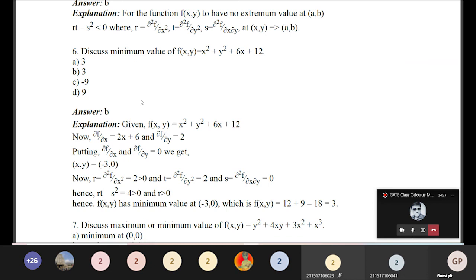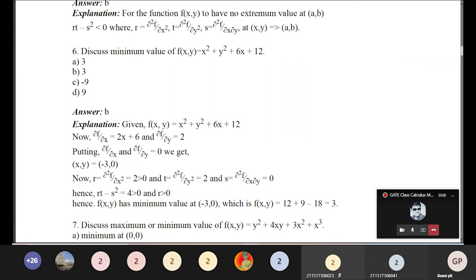So you have 2x plus 6. Then differentiating with respect to y, the x square differentiation will be 0. I think there is some printing error again. And dou f by dou y value is 2y.